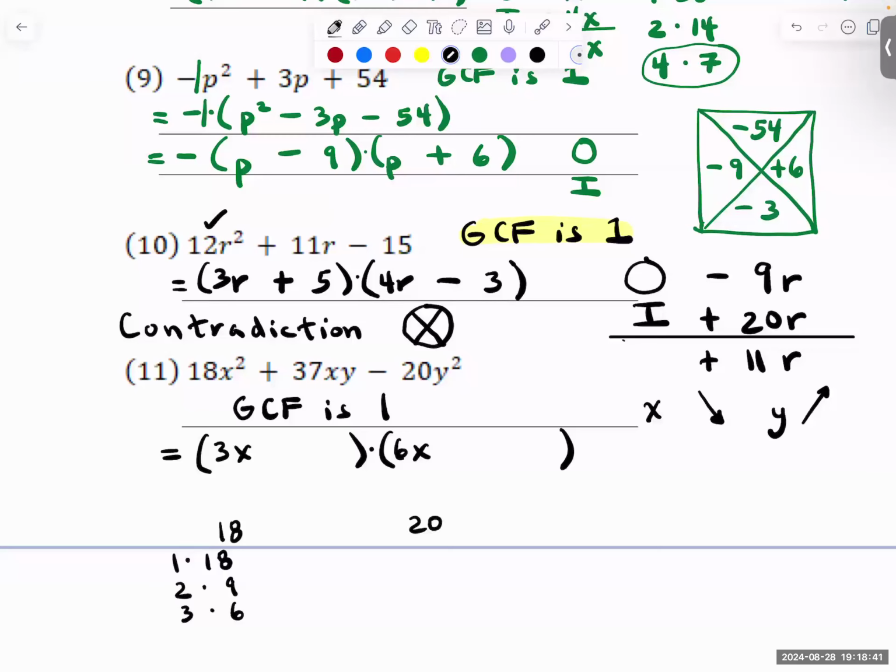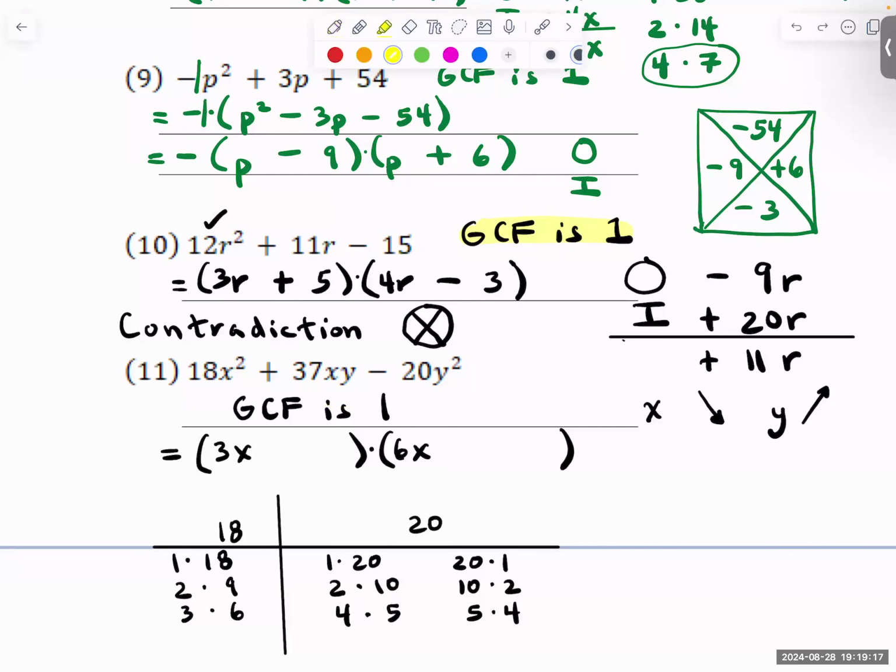Now order does matter, because when you FOIL, you get different results when you change the order when the leading coefficient is not 1, it's 18. So we have 1 times 20, 20 times 1, 2 times 10, 10 times 2, 4 times 5, 5 times 4. And that could be a lot of possibilities, but we have the greatest common factor is 1. So we have to maintain that and not have a contradiction.